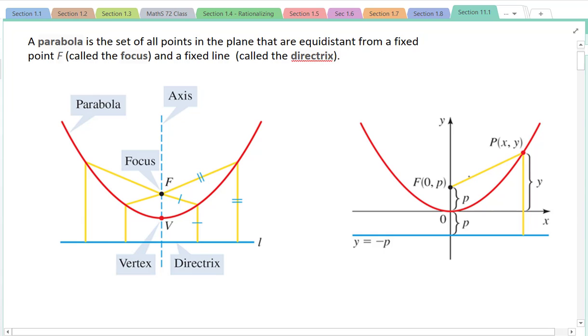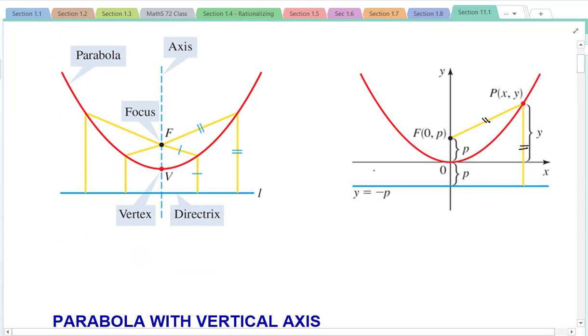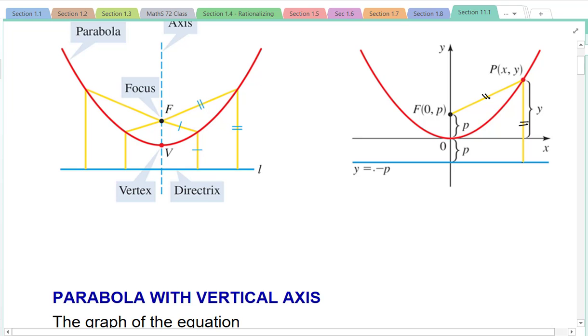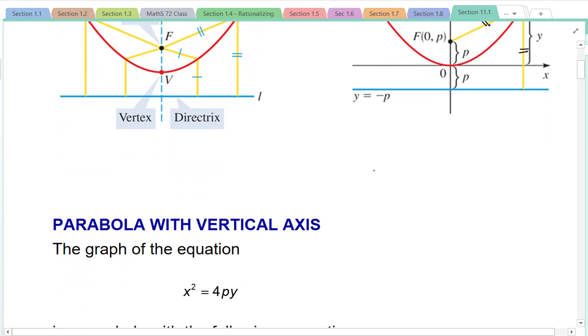Again, the distance from the focus to any point on the parabola is the same as the distance from that point on the parabola to the directrix. That's what we are looking for. So that p is how we can find the focus and the directrix.